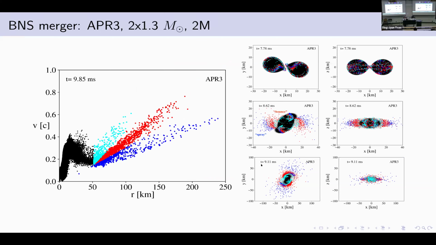But what is really cool is that if you plot the velocity of all the particles as a function of radius, you can see that in this case there are 3 clear arms of the long tail. We have our first wave of ejected particles, a second wave, and then a third wave.